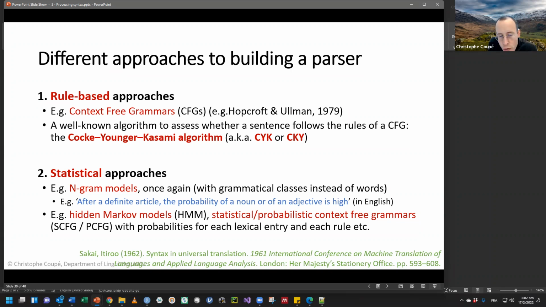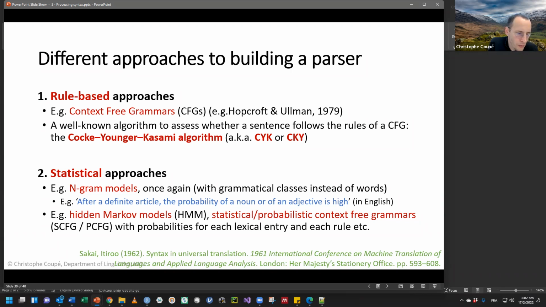But then also you have statistical approaches, and we could enter into the details for many hours. You have what we call n-gram models, where you can measure the probability, the frequency of different pairs or triplets or quadruplets of words in very large corpora. And you can work with the words or with their grammatical classes.